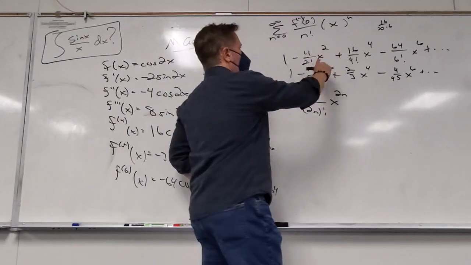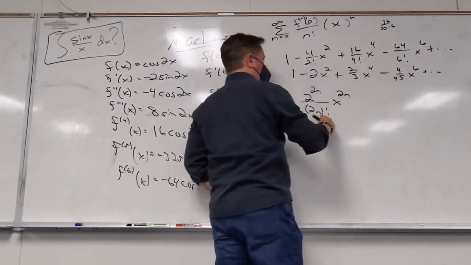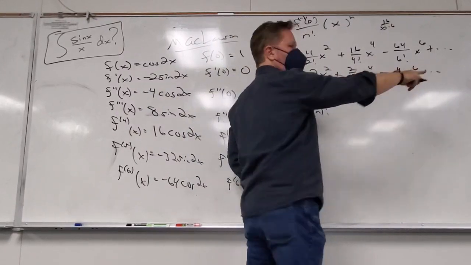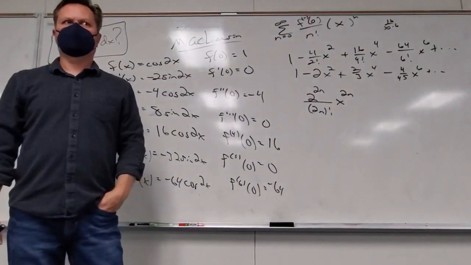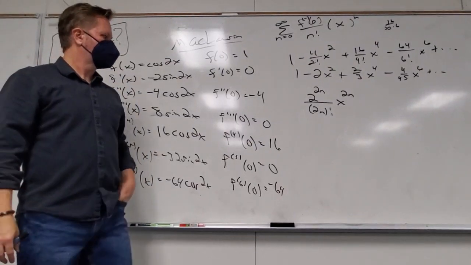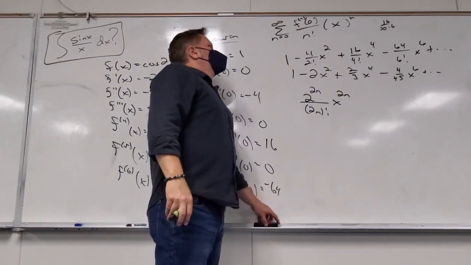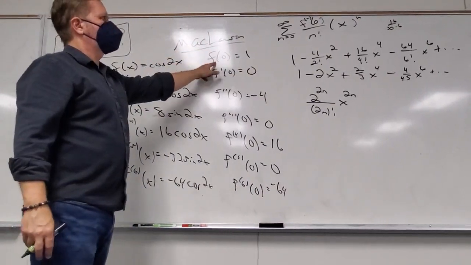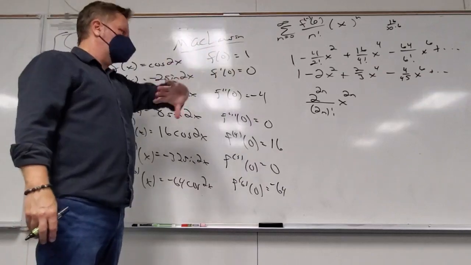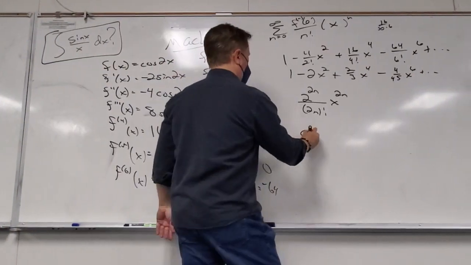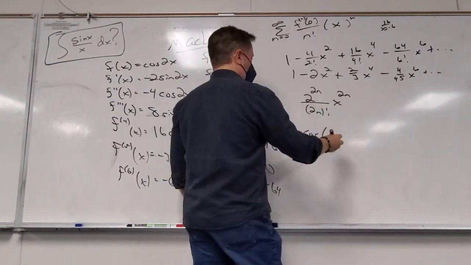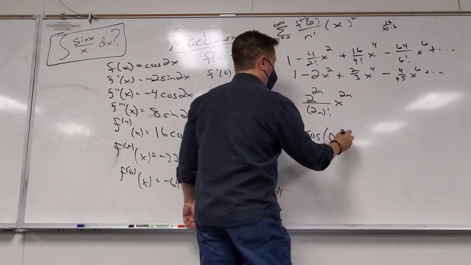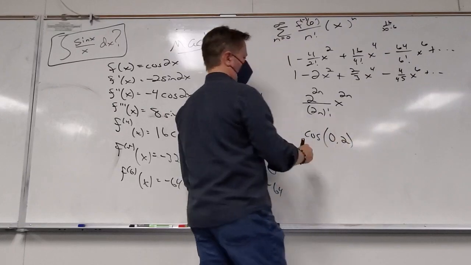So I want you to see, before you simplify, you can capture the pattern. Once I simplify, that is not an easy pattern to see what's going on. Okay, so that is cosine of 2x built around 0. So I could use that to estimate cosine of, let's say, 0.2, sure.